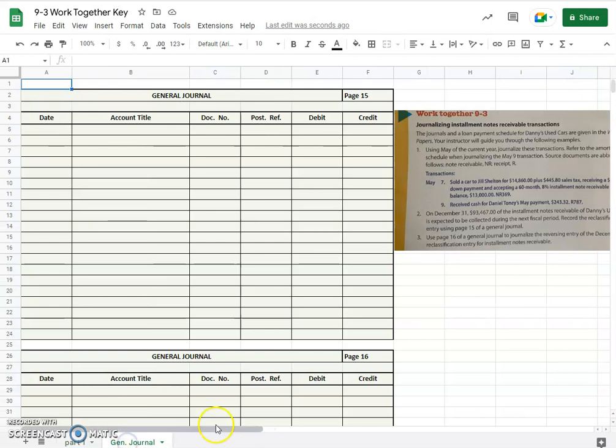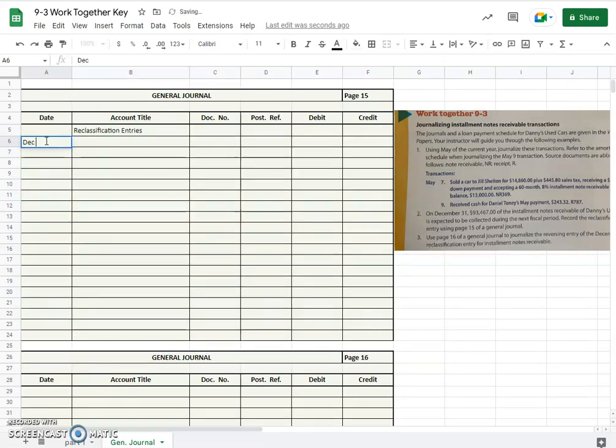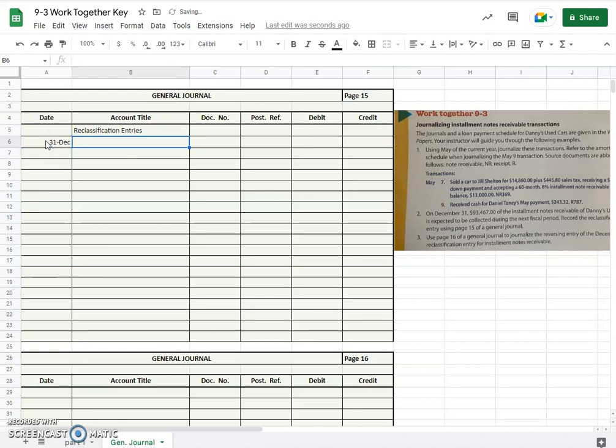So now we'll hop over to our general journal, and the first entry is a reclassification entry, just another one of those headings that we get to use. At the end of the year, for financial statement purposes, on December 31st, we're going to reclassify this as current portion of notes receivable.